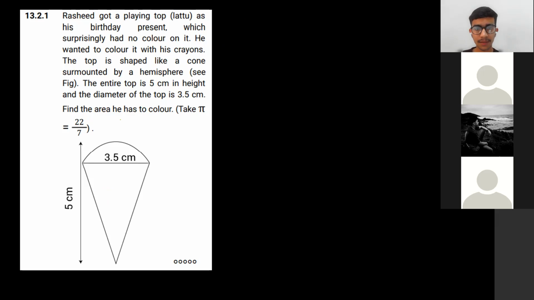So let me write this as net area is equal to CSA of cone plus CSA of the hemisphere. That is what you have to do, right?